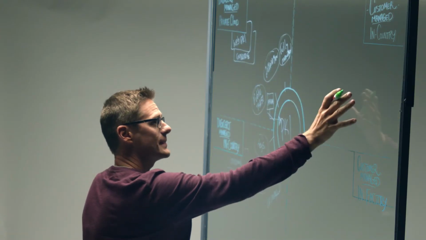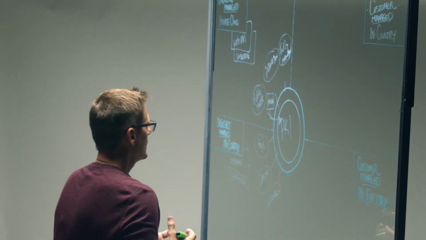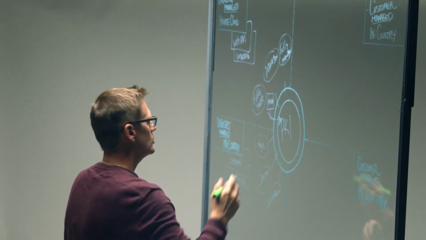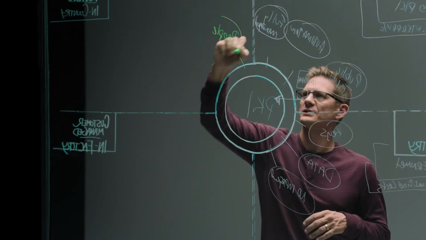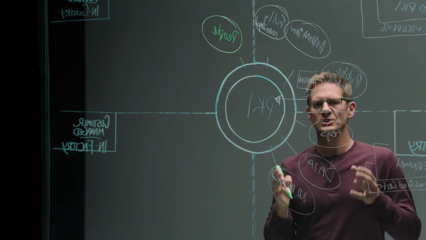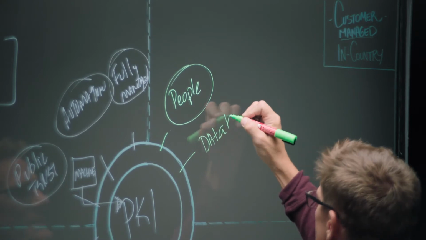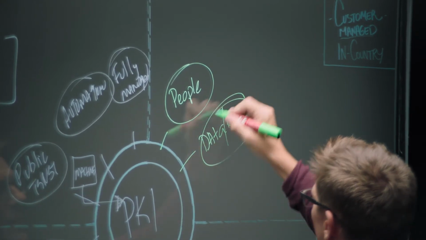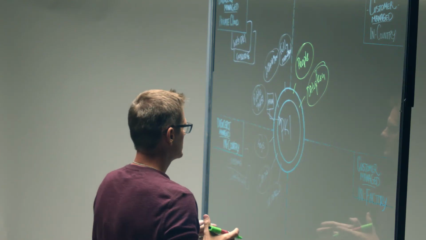So for customer managed in-country deployment, what we're looking at here is really a customer who is concerned about the people who are managing the system, who has access to the data, who's performing validation, who's doing these services. They're concerned about data and key sovereignty. They want to make sure that data and those keys have the utmost security related to them.